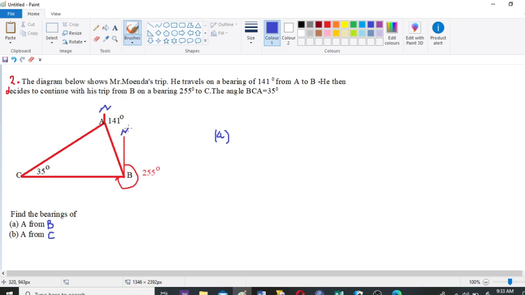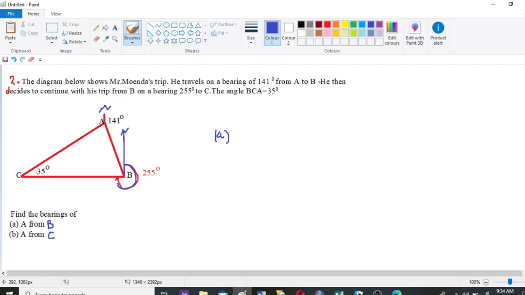So let's first identify which one is the bearing of A from B. We are at B, so extending our line from B to the north, you know that this line is your starting point. So if you are to find the bearing, you are going to start drawing that bearing.